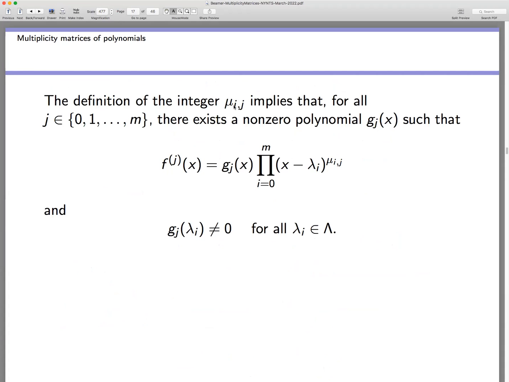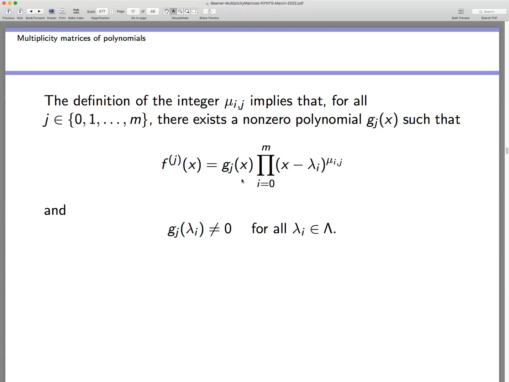So the definition of the mu_ij as a multiplicity means that for every j, what do we know about the jth derivative? We know that lambda_i is a root of multiplicity mu_ij. The lambda_i's are different, so this polynomial is divisible by this product.